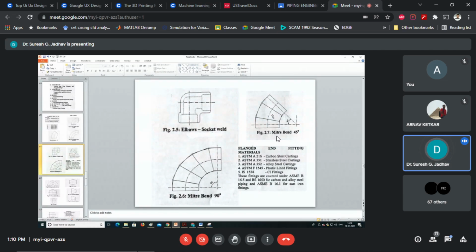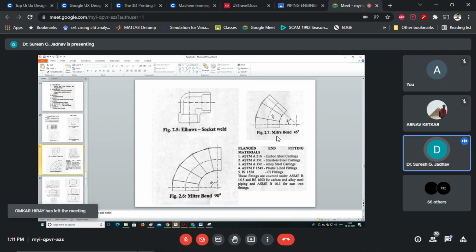22.5 degree elbows are also available in cast iron construction. So here I've seen only two miter bends. First one is a 45 degree and second one is a 90 degree. But another kind of miter bend is available in the market as per the requirement of piping industry, that is 22.5 degrees.